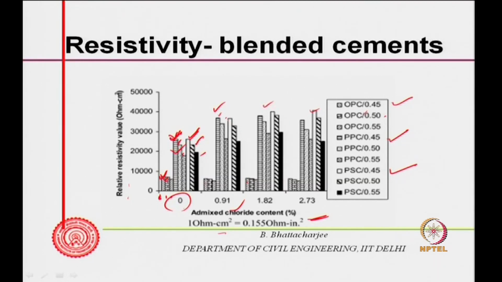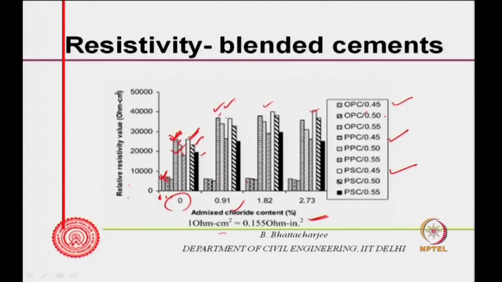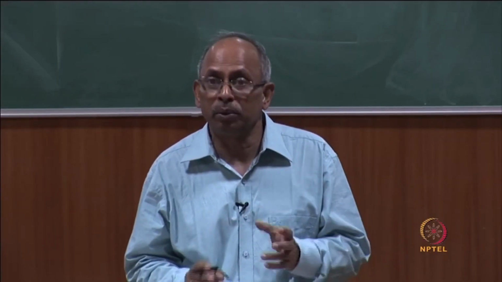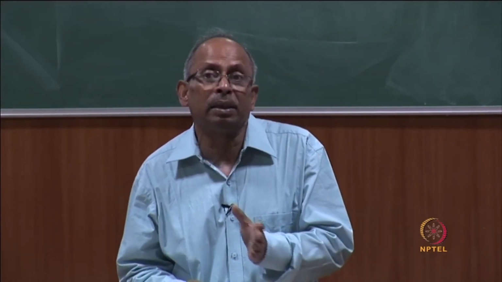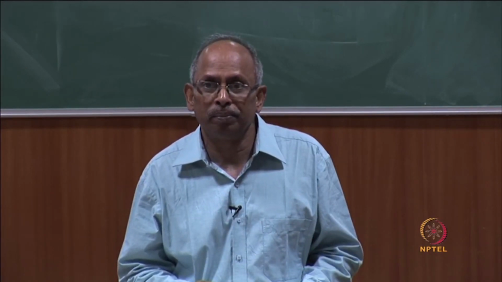So, you can see that against chloride, blended cement performs much better. Well, carbonation, of course, initial phases it may not be the same, but resistivity still is better even in case of carbonation, because resistivity is independent of whether it is carbonated or uncarbonated concrete. So, the kinetics is controlled by resistivity, because we talked of ohmic polarization and so on.